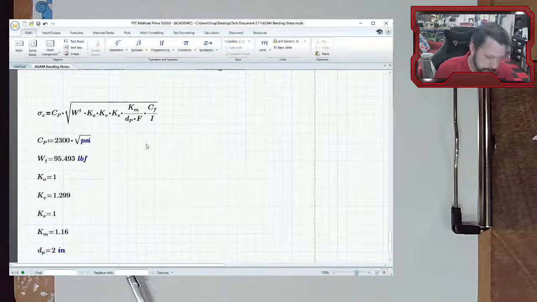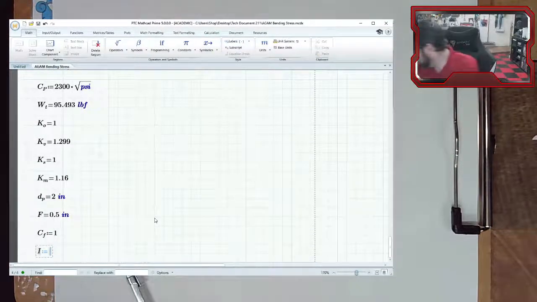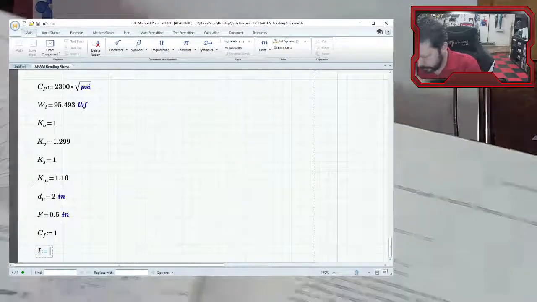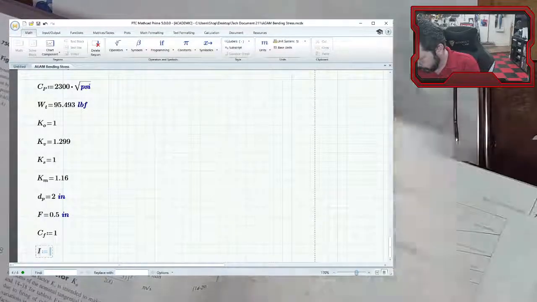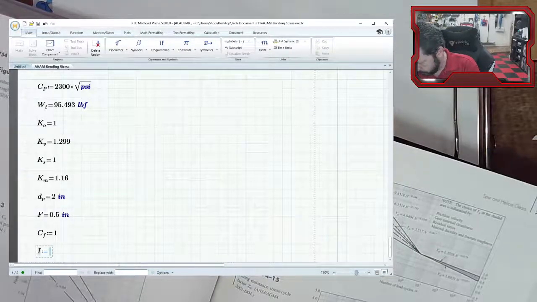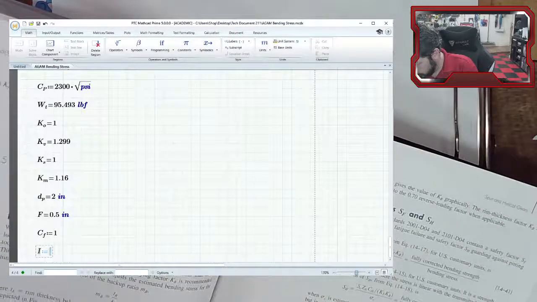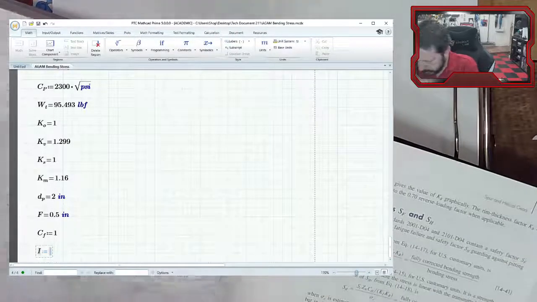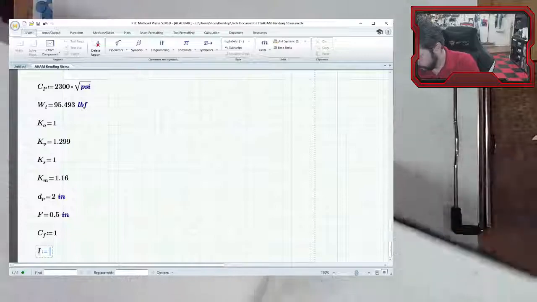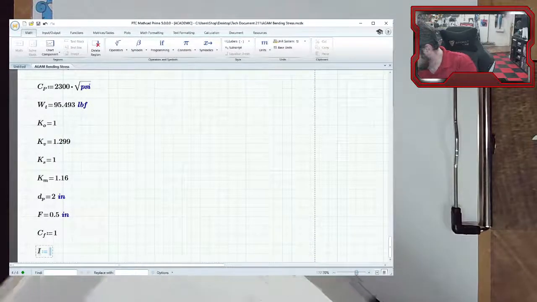I is gonna, that sounds weird to say I is, but let's go get it out of the book over here. Well, there it is. This equation here.